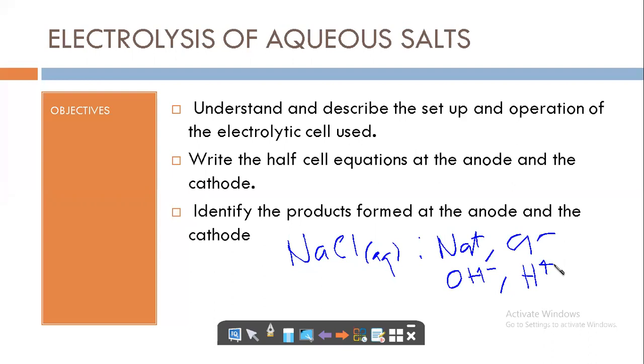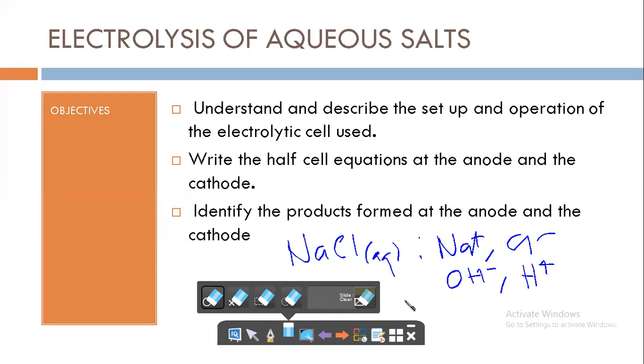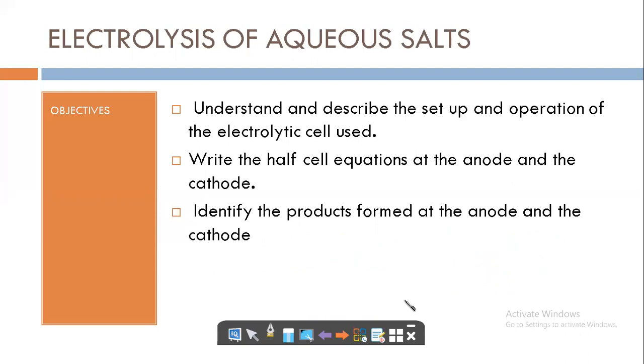Otherwise, what you are supposed to know for electrolysis of aqueous salts, again, you have to describe the setup and operation of the cell. That's similar to molten salts, but for molten salts the electrolyte is the salt that has been melted, while for aqueous salts the electrolyte is the salt dissolved in water.